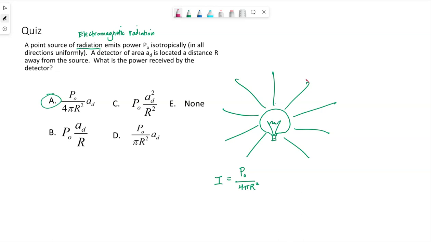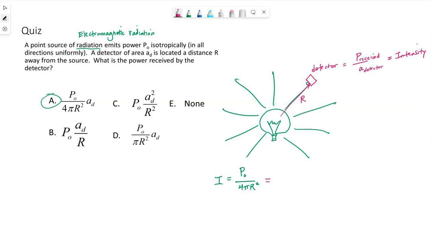Now, at some distance r away here is our detector. The detector is receiving this intensity. The intensity received, I'm going to put received, is the power per area of the detector. This is the intensity. The detector is receiving this intensity.